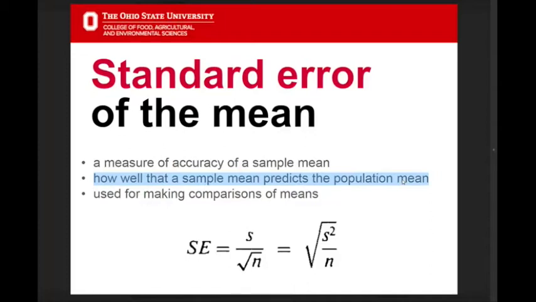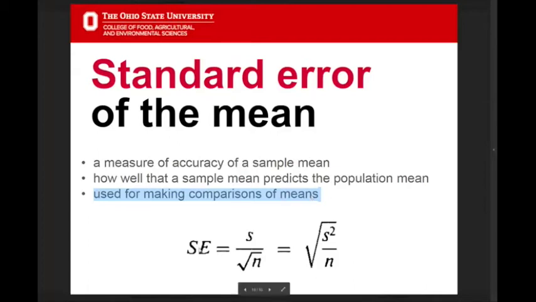When we take a number of samples from a population, we're using that sample as an attempt to represent the population, and we can use the standard error as a measure of how close the sample mean is to the true population mean. We will use measurements of samples to compare means of samples from different populations and make estimations as to whether those means from those different populations, that is with one treatment compared to another treatment, differ.